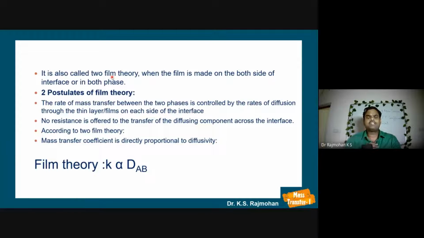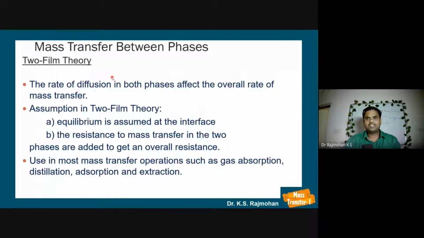It is possible to achieve that, because with an agitator or a well mixed zone, we are going to have uniform concentration. And according to this theory, the mass transfer coefficient is directly proportional to the molecular diffusivity, DAB. We'll discuss this two film theory in a little more detail.